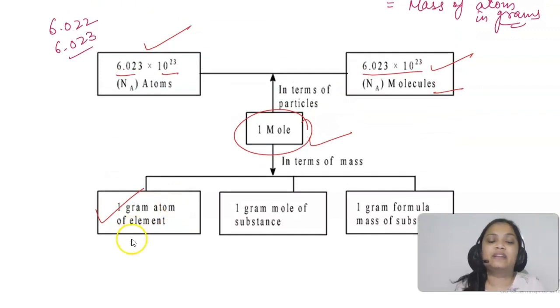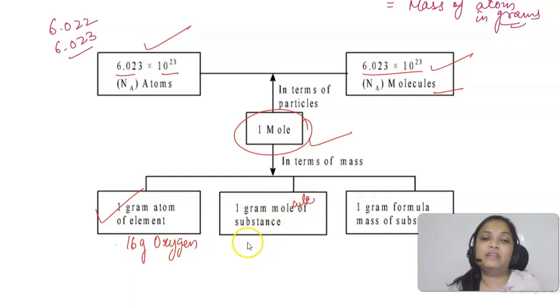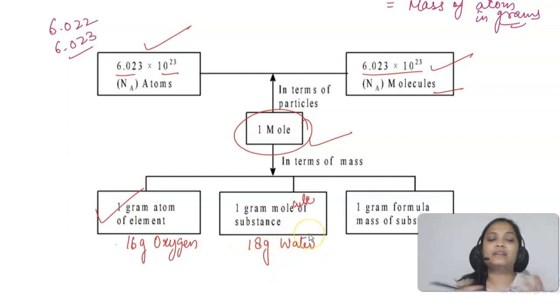Let's say 1 gram atom: if I'm talking about 1 mole of oxygen, it is equal to 16 grams of oxygen. That is 1 gram atom. 1 gram molecule. Here you can write 1 gram molecule. So 1 gram molecule means, if I'm talking about water, 1 gram molecule of water means 18 grams of water. Similarly, 1 gram formula mass, like you can take it for sodium chloride.